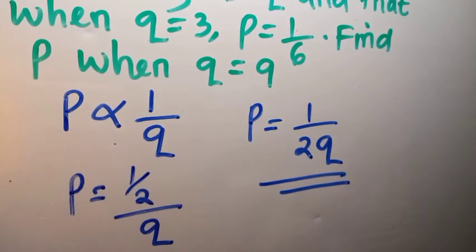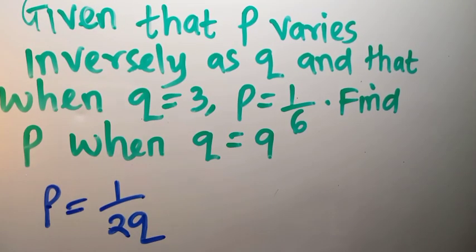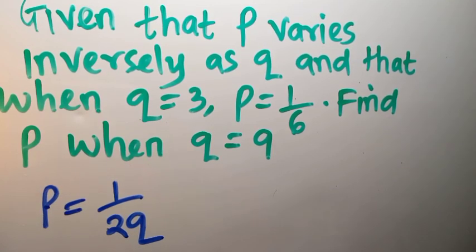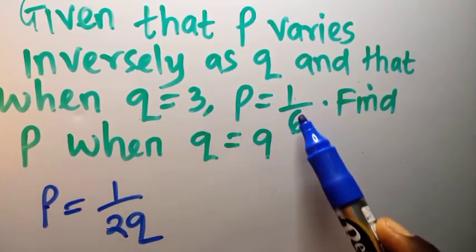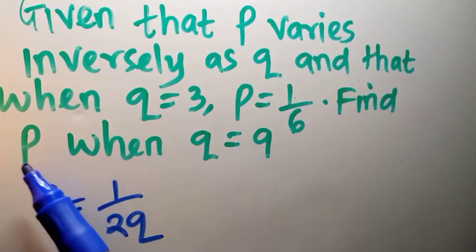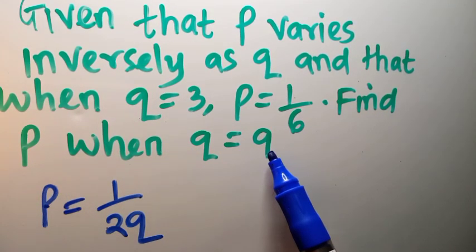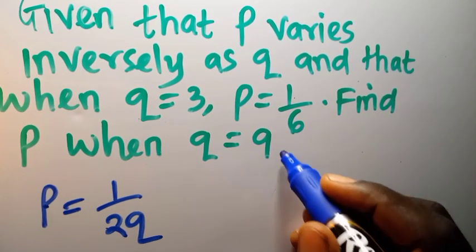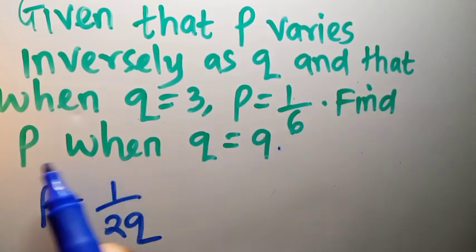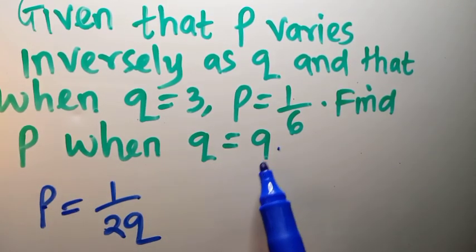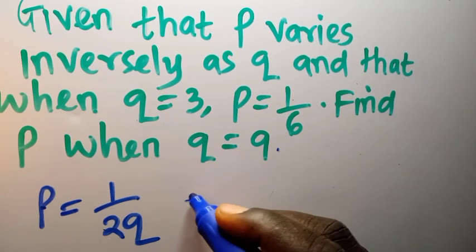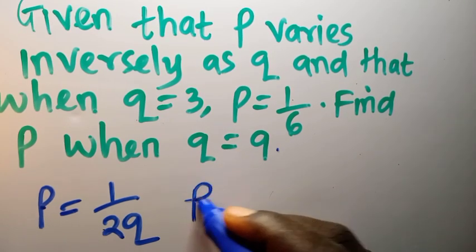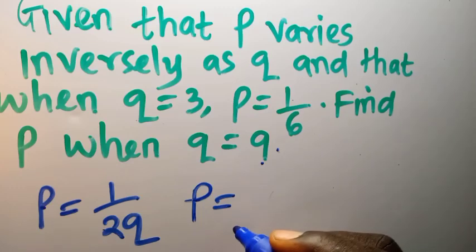Now, let us have a look at our question. They say when Q equals 3, P equals 1 over 6, find P when Q equals 9. We need to find P when Q equals 9.